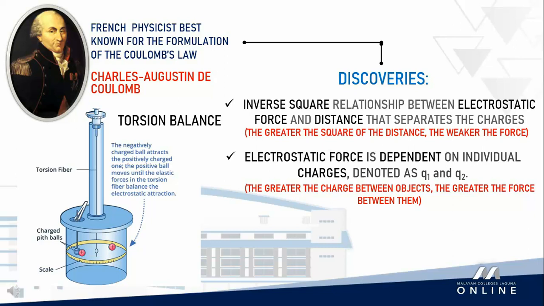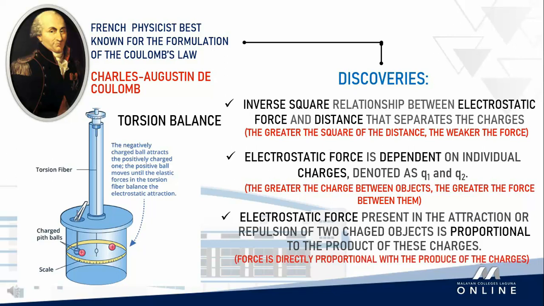He found that the forces that the two point charges, Q sub 1 and Q sub 2, exert on each other are proportional to each charge and therefore proportional to their product. Because of these findings, he was able to formulate Coulomb's law.